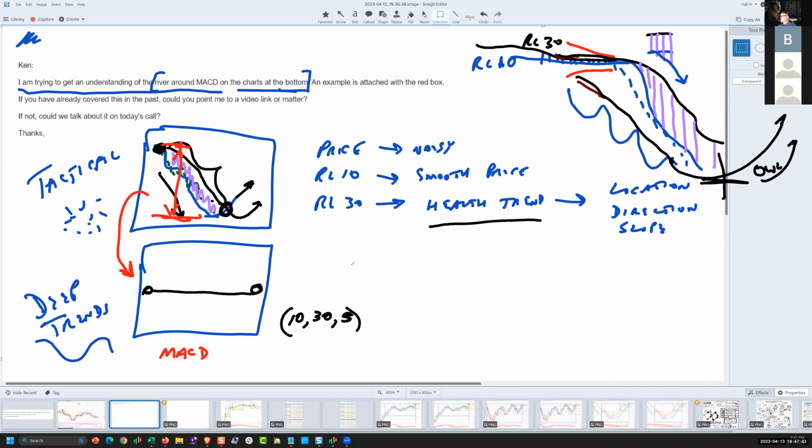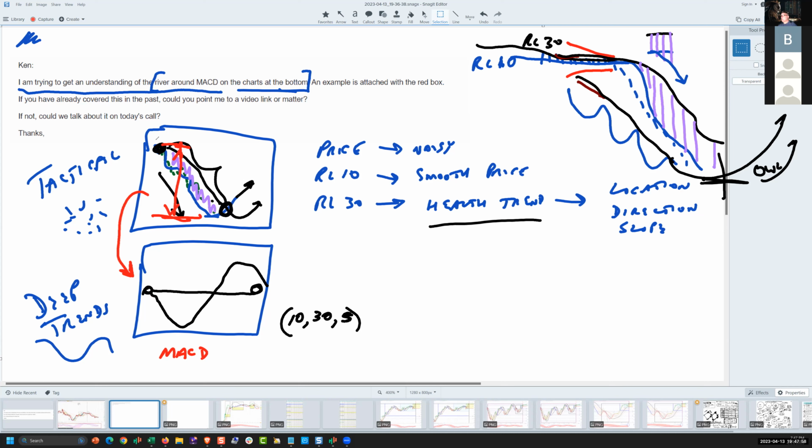So when I see the signal line, I'm going to draw it as black, that tends to be very smooth and then makes an orderly reversal. And it is typical to see that.